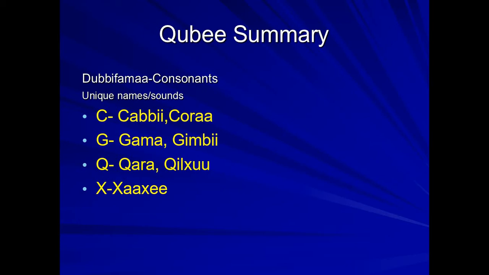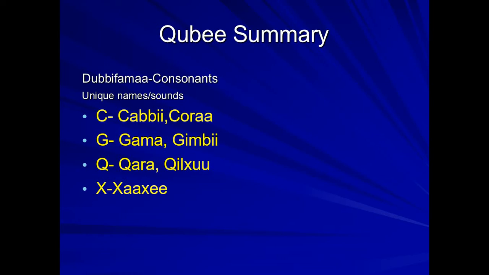C is not C anymore, as we have seen. C is the cha or ch sound: cha, chabi, chora, like that. G is not G. It represents the ga sound.